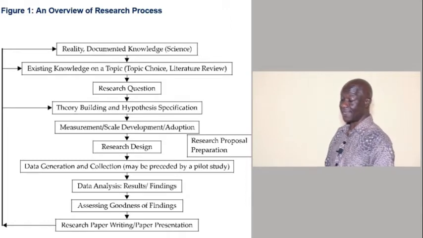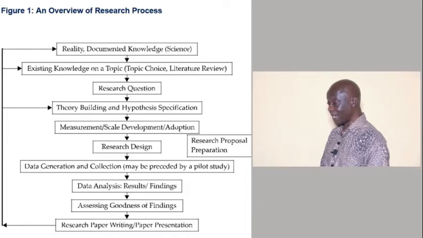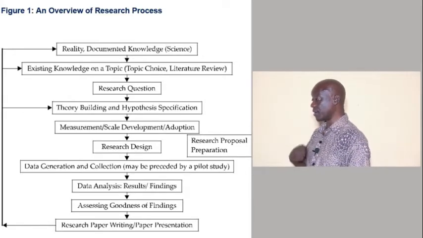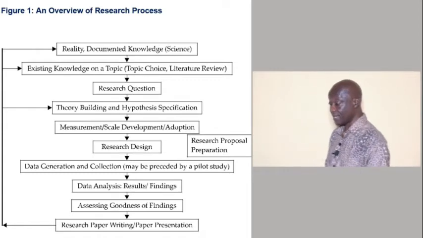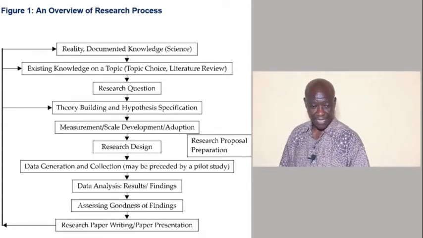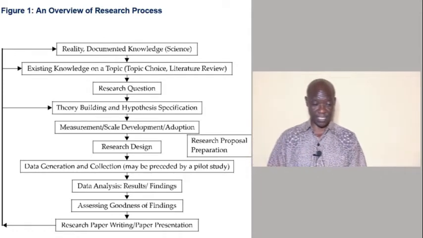I'm sure you can see that on this diagram of figure 1. And this part contains the description of the measurements used to obtain data on the concepts or variables in the hypothesis, the sample of respondents from whom data is collected, the data collection procedure used, and the analysis performed.